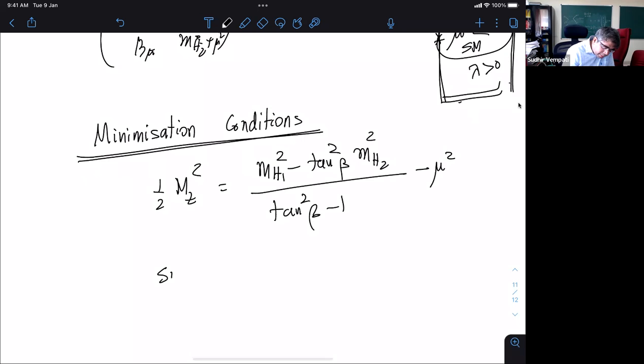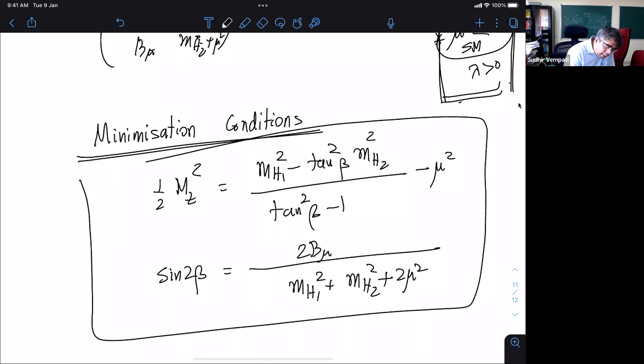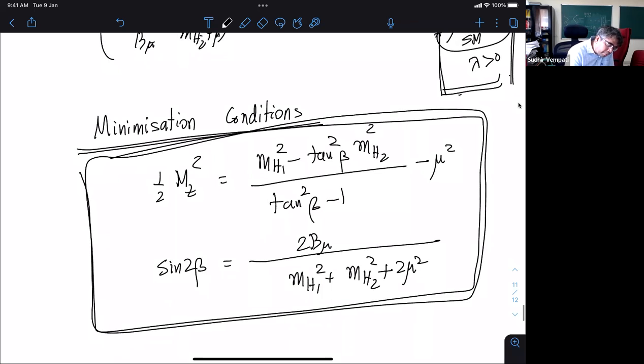The second condition is sin 2 beta equals 2 b mu over mh1 square plus mh2 square plus 2 mu square. As long as these two conditions are satisfied, your electroweak symmetry breaking is valid.